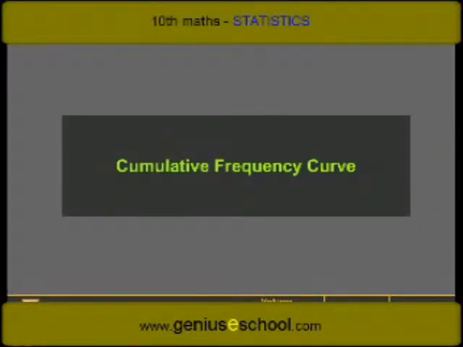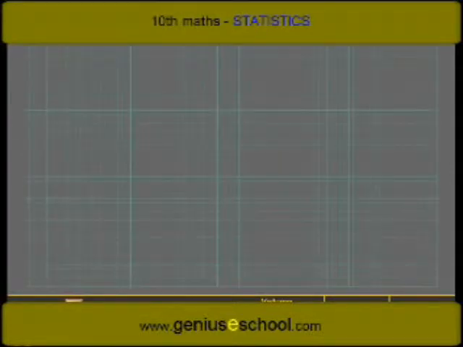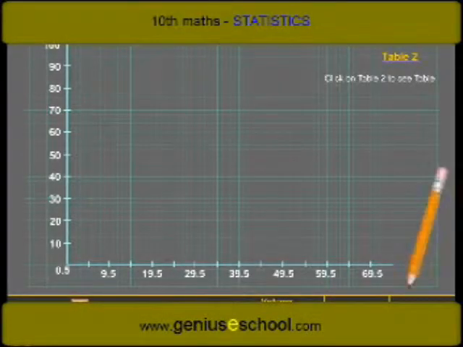Cumulative frequency curve. Draw a cumulative frequency curve and cumulative frequency polygon for the following frequency distribution by less than method for table 1. The given frequency distribution is not continuous, so we first make it continuous and prepare the cumulative frequency distribution as shown in table 2.